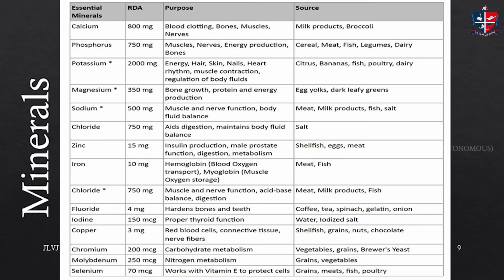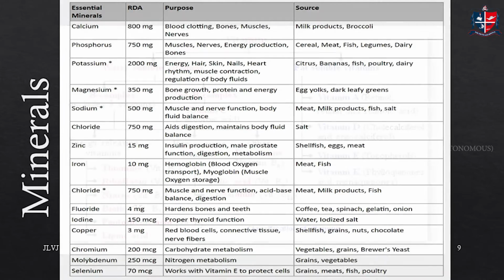Like that, our full body from head to toe, wherever we take, some role is played by minerals. Even lithium, required in very small quantity, acts as a mood stabilizer. And I think the majority of the minerals, in some way or other, are helping us to maintain a balance, especially the electrolyte balance also.